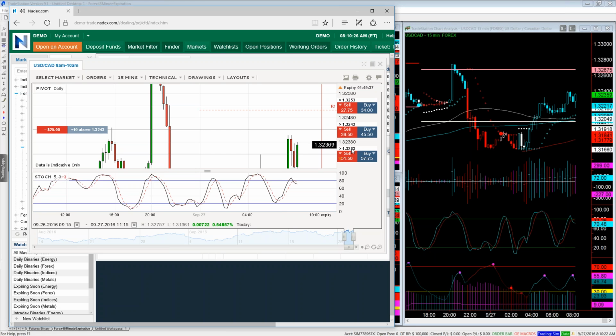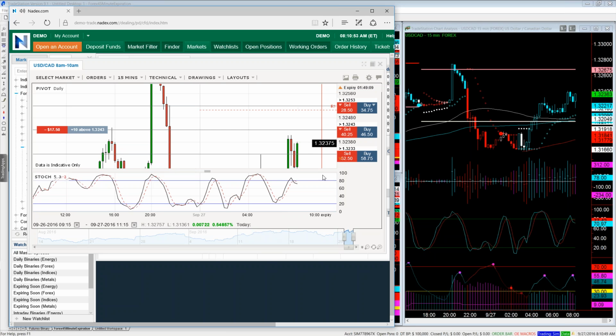Now, this is not my favorite currency to trade unless it's during the U.S. hours. I prefer the ones that have the lower strike width of 4 pips. For example, the euro dollar, the USD JPY. The USD JPY is probably my favorite. The second favorite is the euro dollar, and my third favorite is the Aussie dollar.